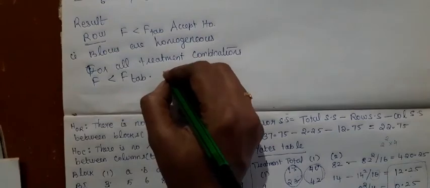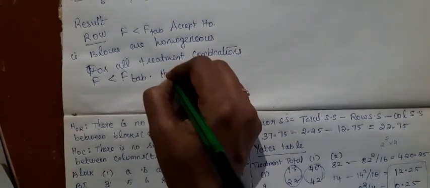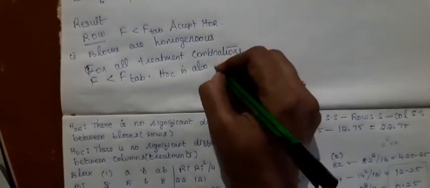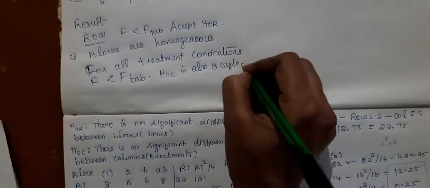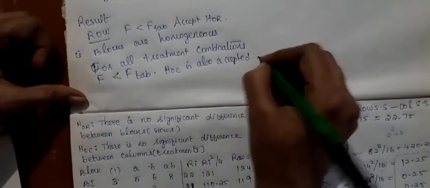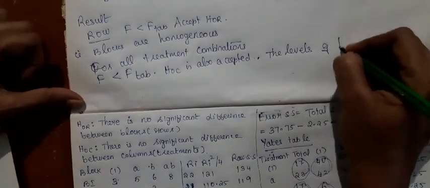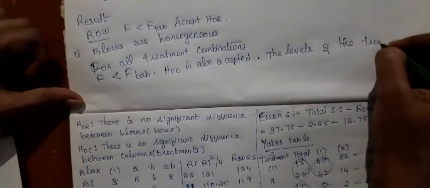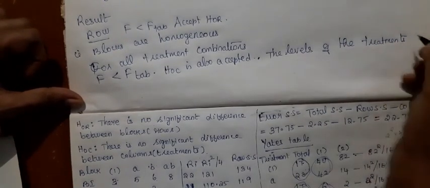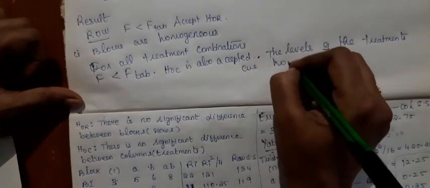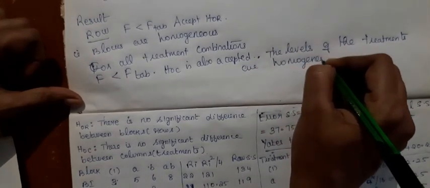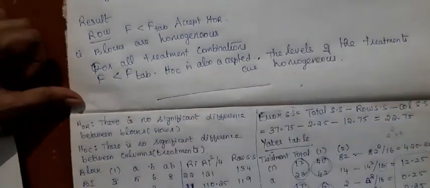So you conclude that H naught C is also accepted. Here it is H naught R, accepted. And the levels of the treatments individually are homogeneous, or there is no significant difference between the levels of the treatments. Okay, fine. This is the way you analyze a 2 square factorial design. Thank you.